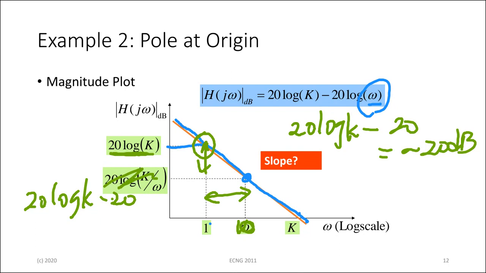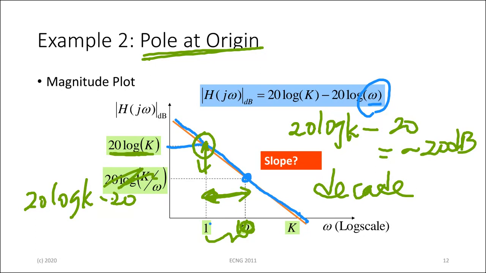And we said that a change of frequency by a multiple of 10, so 1 to 10, is what we call a decade. If one frequency is 10 times the other, then the next decade up would be 100. So you can see why we plot the log. By using our log scale, we can plot in decades very easily, so that for a single pole at the origin, the frequency response decreases at minus 20 decibels per decade.